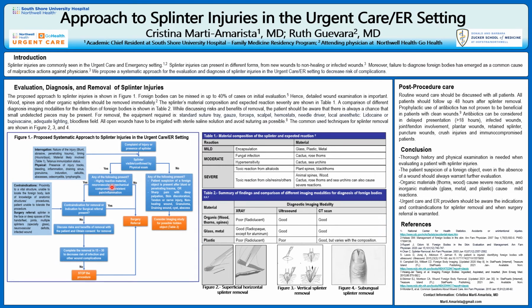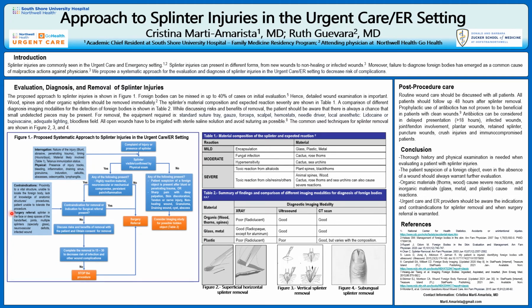If any of these are present, then you go to the next step, and that is to determine if there is any contraindication for removal of the splinter in the urgent care, or if there is any specific indication for surgical evaluation. What are the contraindications? Proximity to a vital structure, if you're unable to locate the foreign body, lack of knowledge of the anatomy or the structures or the procedure, or the patient is unable to tolerate the procedure.